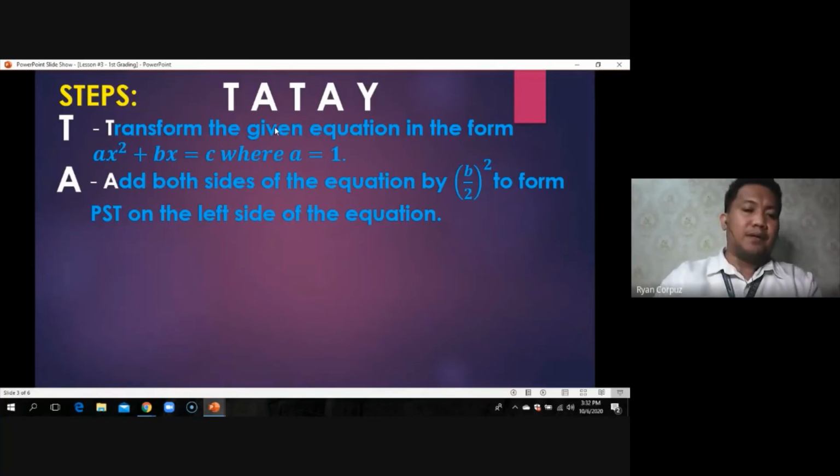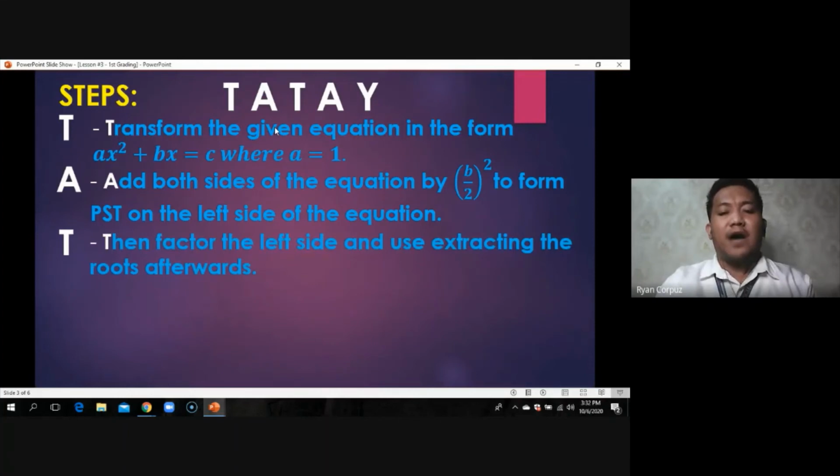Next step, second P. Second P stands for then factor the left side and use extracting the roots afterwards. So, dalawang method pa lang magagamit natin. Since we already know extracting the roots as a method in solving quadratic equations, then after adding the value of b over 2 quantity squared on both sides of the equation, this left side of the equation will now become a perfect square trinomial.